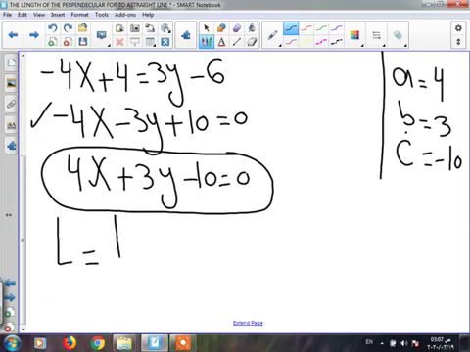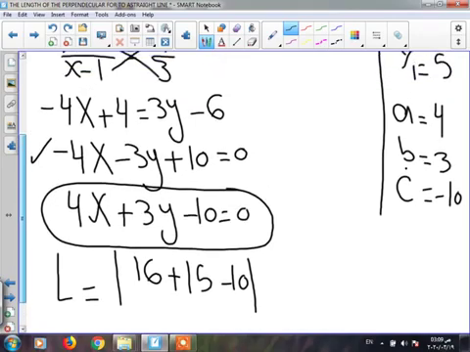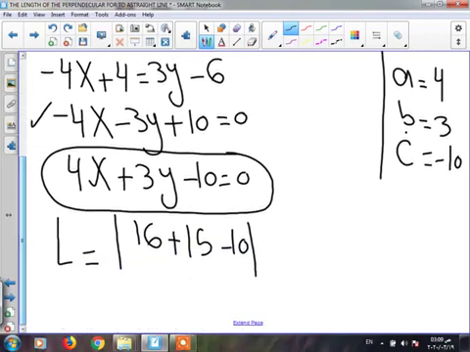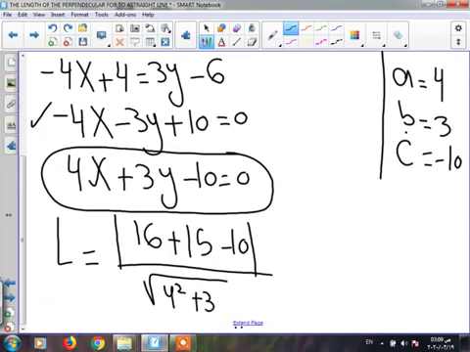It will be the absolute value of A x1, 4 times 4, plus B y1, 3 times 5, plus C, minus 10, over the square root of A power 2 plus B power 2, which is 4 power 2 plus 3 power 2.